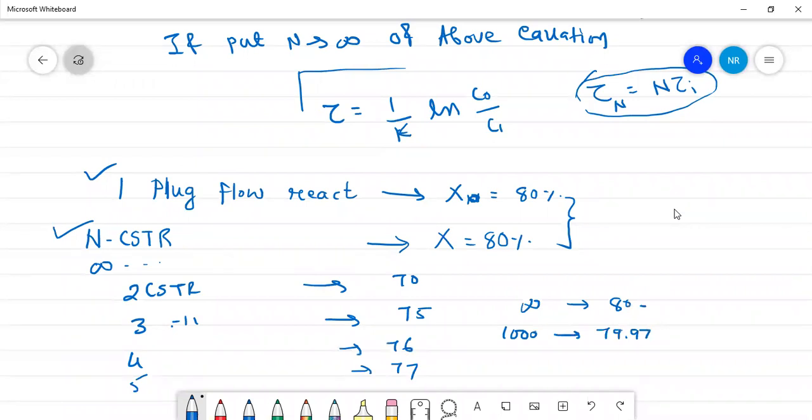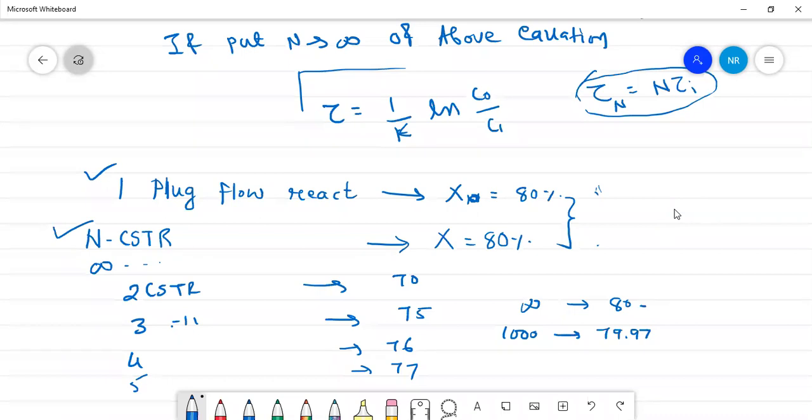So if I take one plug flow reactor, or n CSTR, both have the same answer. But infinity number of CSTR is not possible. With a maximum number of CSTR, we get very close to the plug flow reactor. That is the final message I would like to tell.